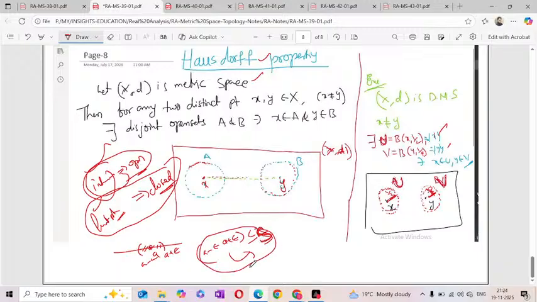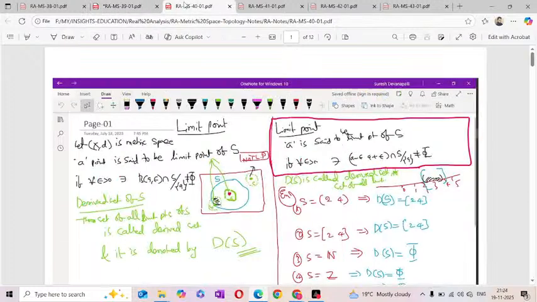The limit point concept is similar. So (a minus epsilon, a plus epsilon) intersection with S, suppose it is non-empty. Then we call a the limit point of S.